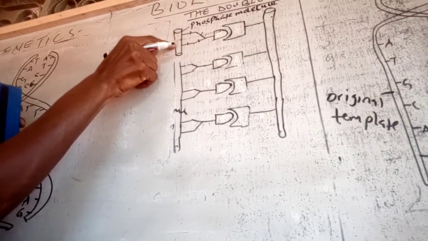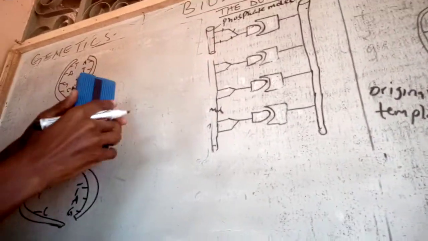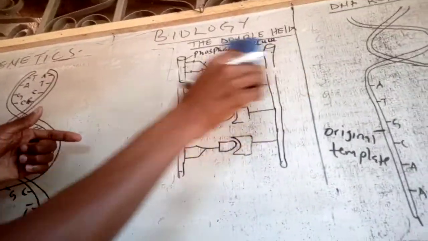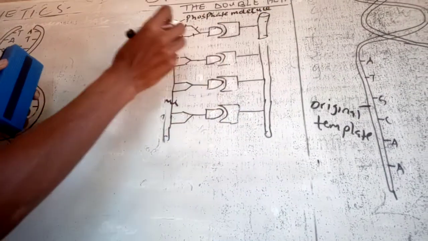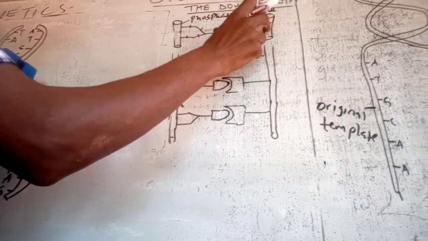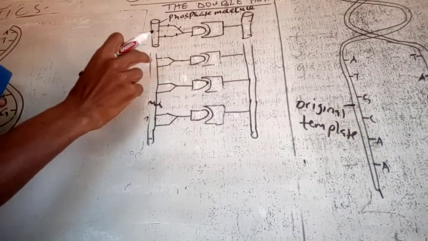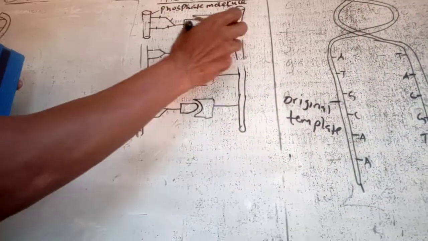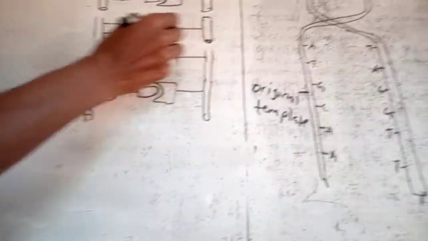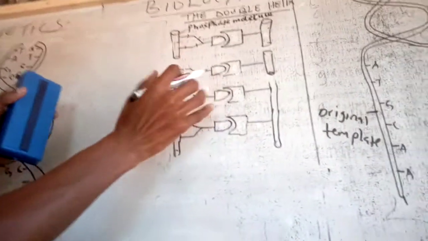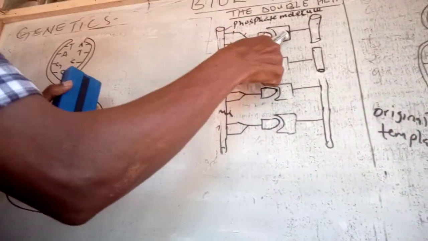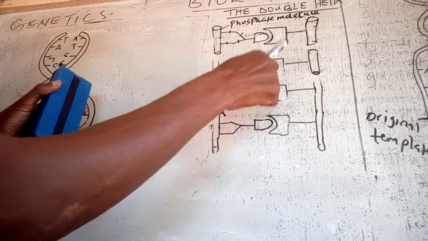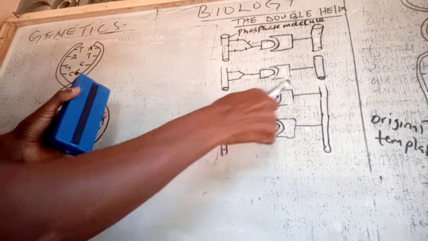This is a nucleotide, and this is another nucleotide. So this is nucleotide 1 and nucleotide 2, and this is another nucleotide. If I break them like that, I can have several nucleotides: the first nucleotide, the second, the third, the fourth, the fifth, and so on.